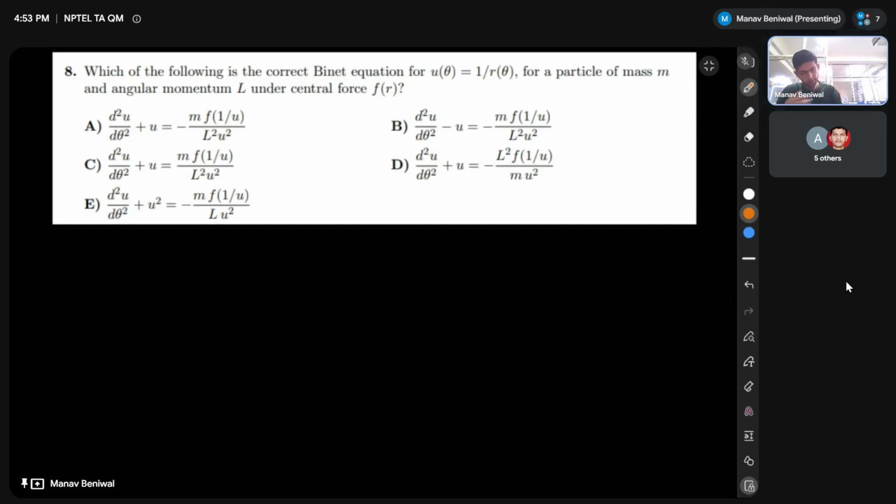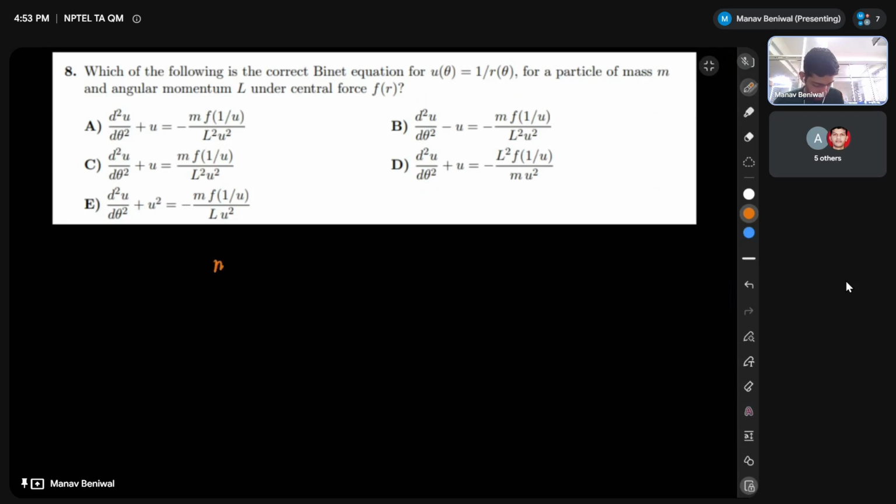Let me give you a brief overview of what this equation tells us. Why do we need this equation? So we wrote one equation for a central force, right?